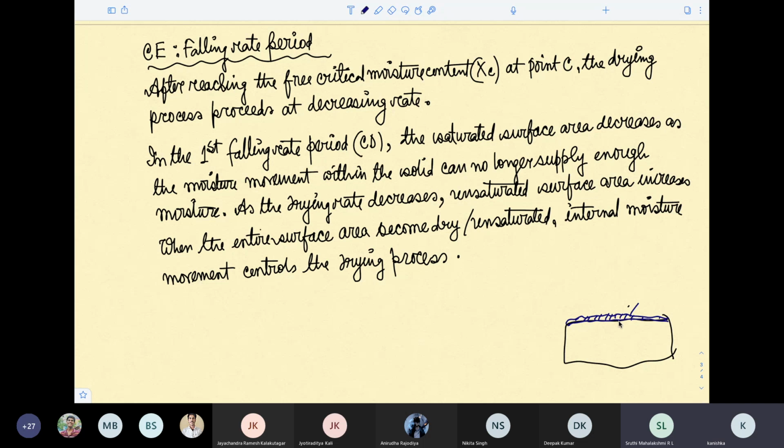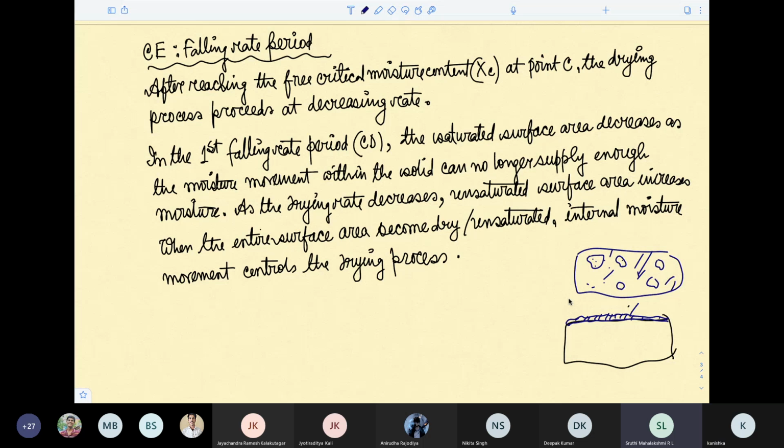There is no continuous film of water. In some parts there is a film, but it is again getting dried. From the top you can see patches of water, and the other shaded areas are unsaturated surface area.